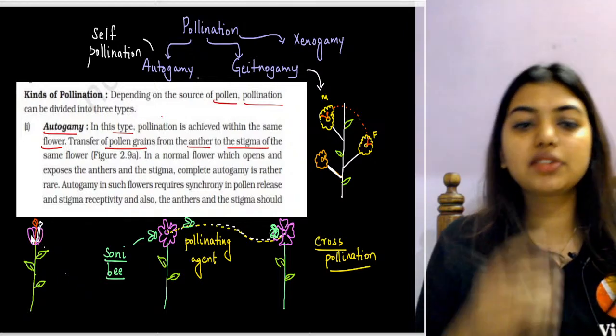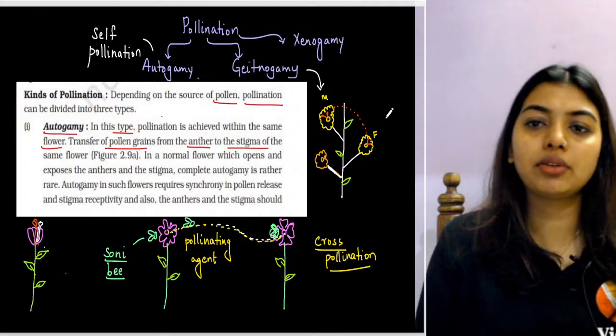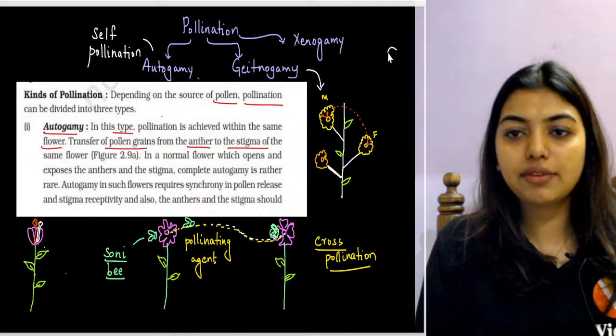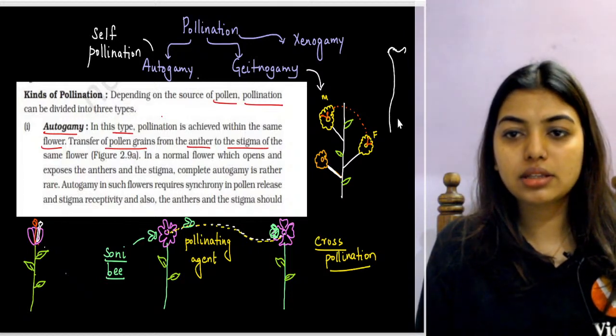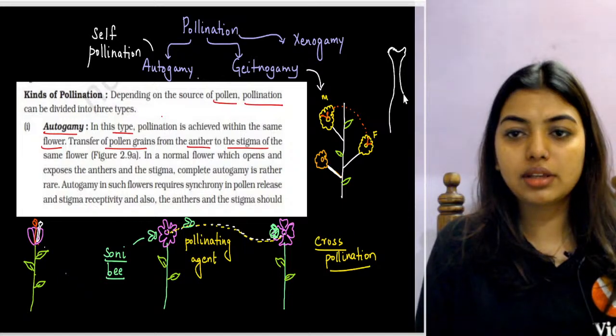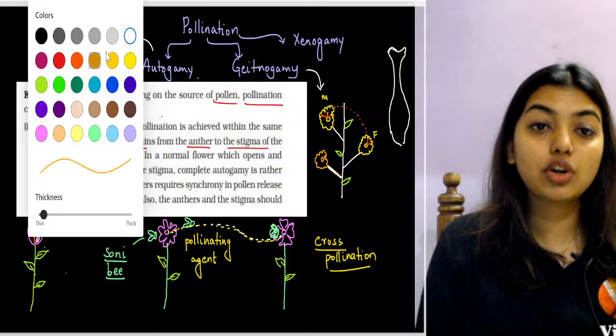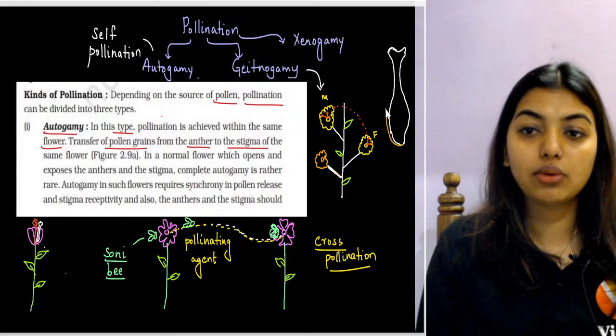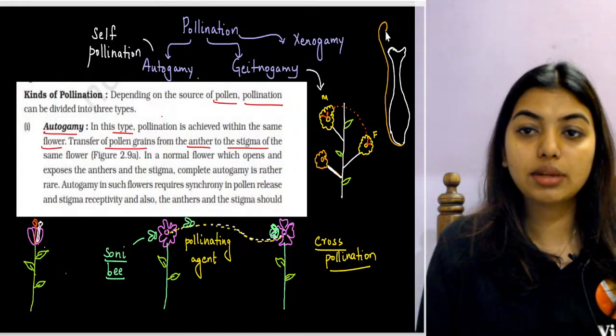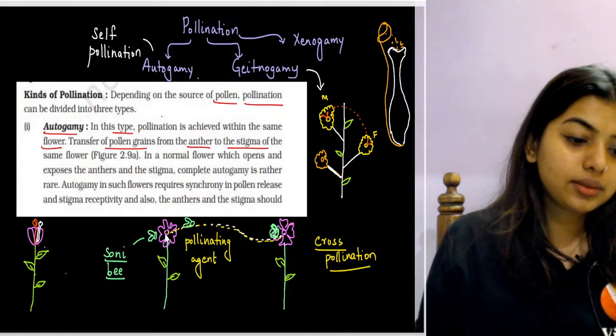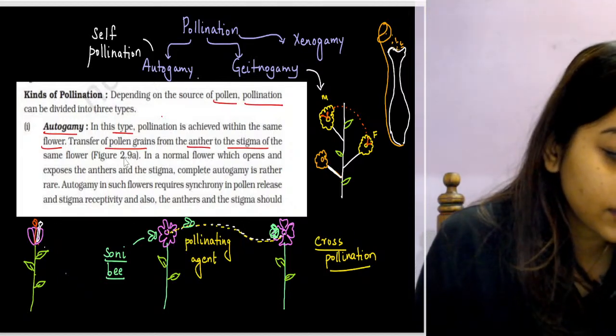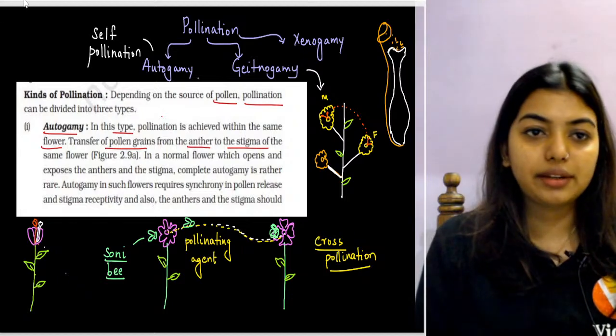Always remember, if the stigma is below and the anther is above, pollination will happen. Anther has to be like this. If the anther is not like this, then how will the pollen grains land for self-pollination? Understood? Got it? Fine.